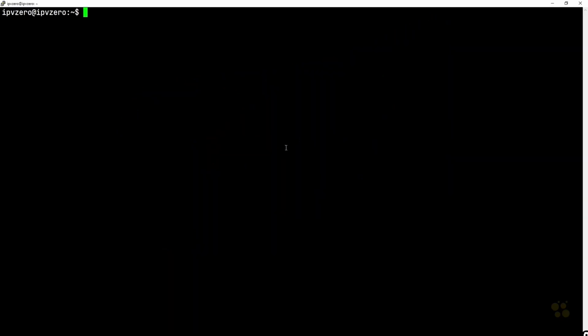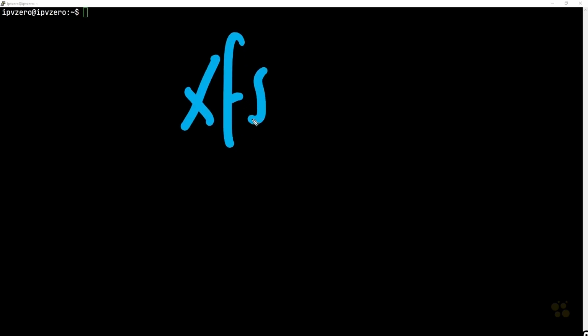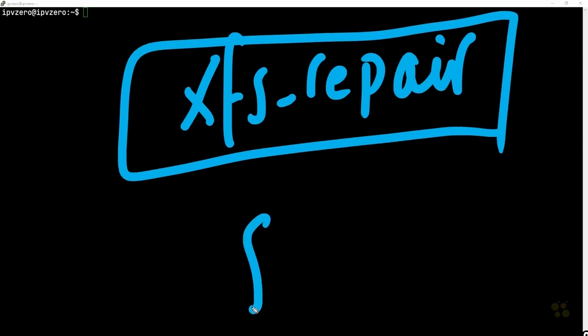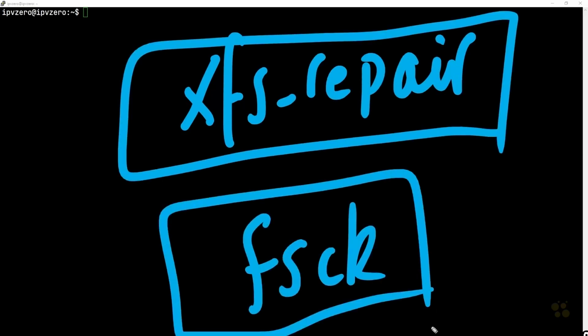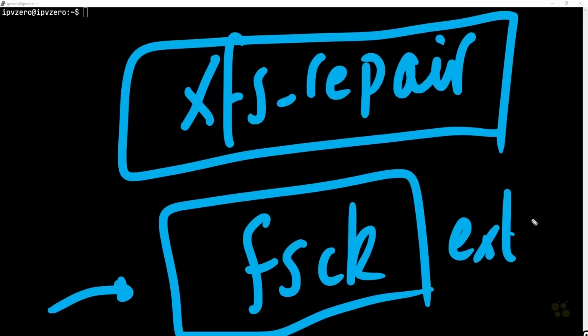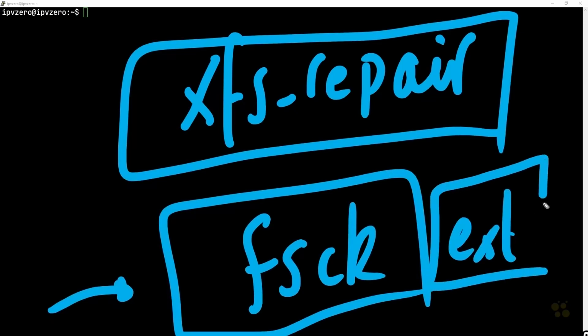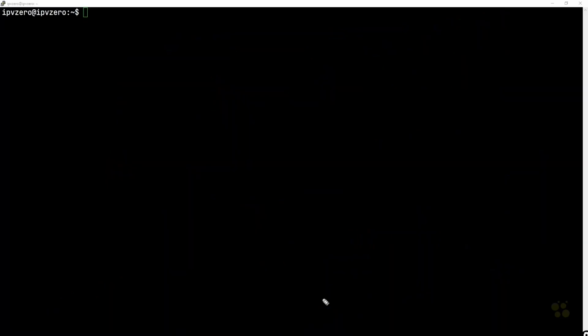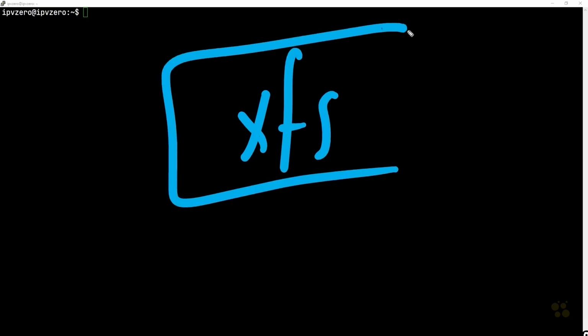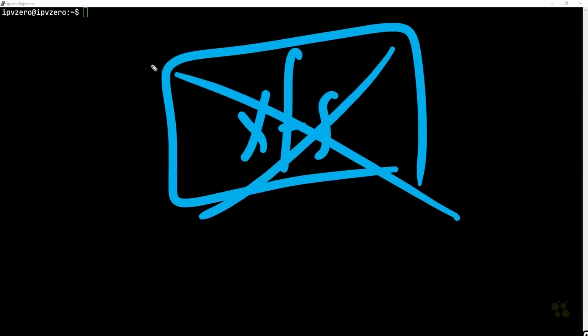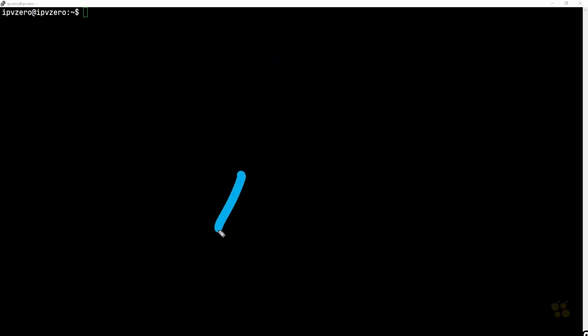Now, one of the most important tools, at least in my opinion, is the xfs_repair tool. That is ultimately an analog to fsck. So it works the same way fsck does, but fsck, if you remember, only works on ext based systems. So if you happen to have a particular partition that is formatted with XFS, you will not be able to use fsck on it. Instead, what you could use, like I say, is xfs_repair.